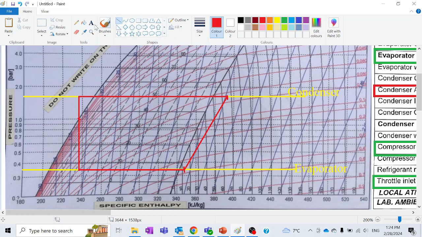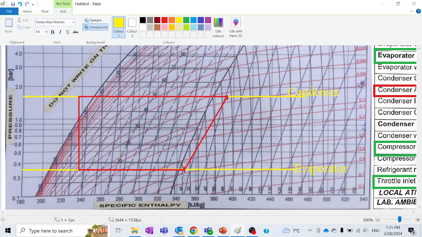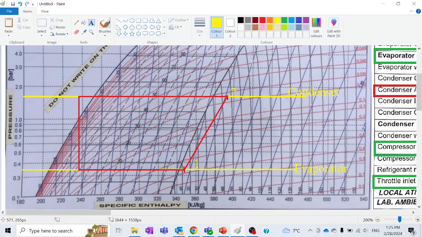So now let's name them. The point here is point 1. From point 1 to point 2: the entry to the compressor is point 1, and the exit from the compressor is point 2.